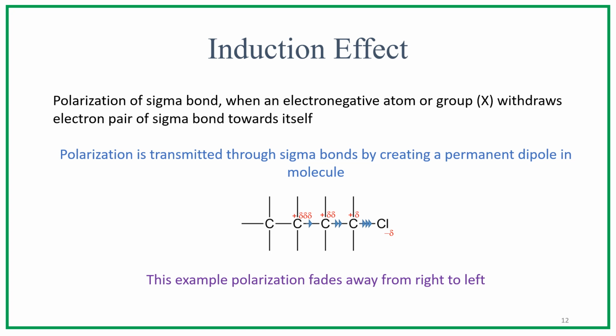Therefore every carbon has some effect due to this attraction of electrons from this chlorine atom due to its electronegativity. Therefore this effect takes place through sigma bonds. That kind of effect we call induction effect, that is a permanent dipole which is produced due to the electronegativity of atoms. So this induction effect is also very important when you are discussing chemical reactions.